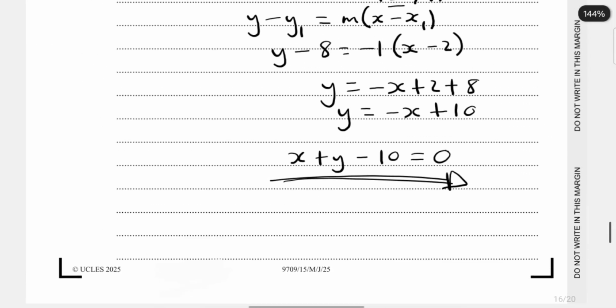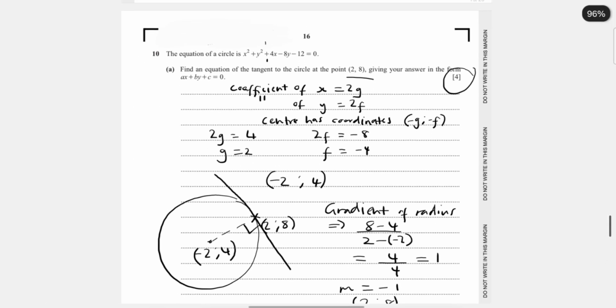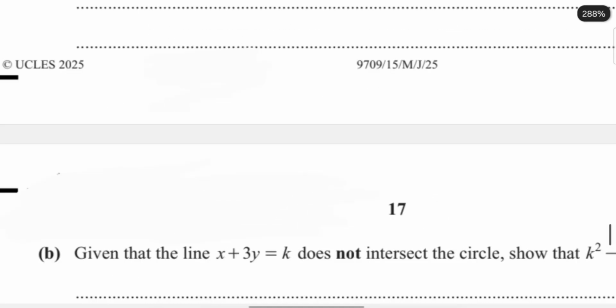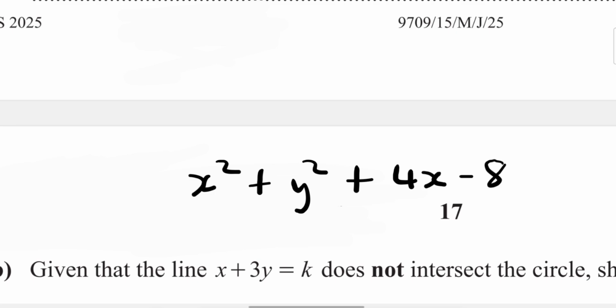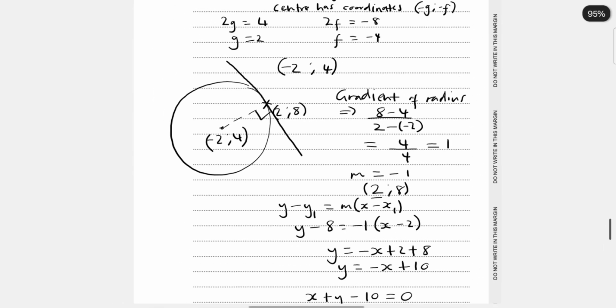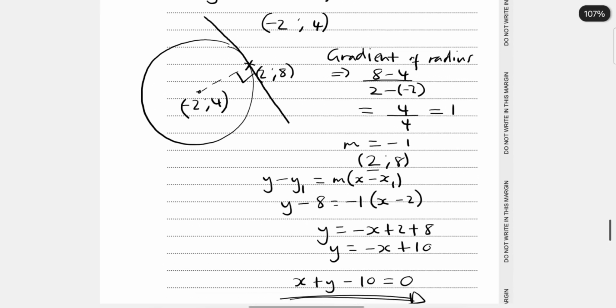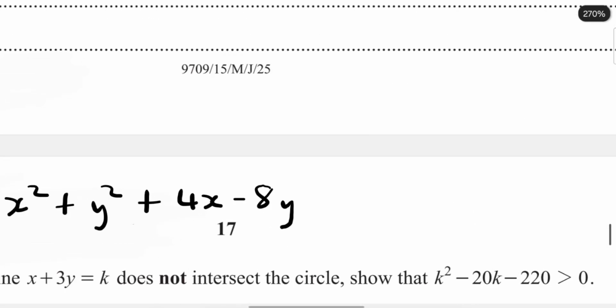We know the equation of the circle is x squared plus y squared plus 4x minus 8y minus 12 equals 0.